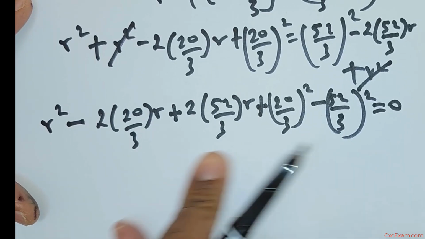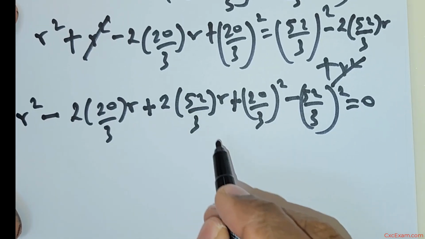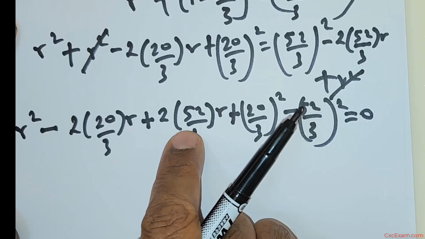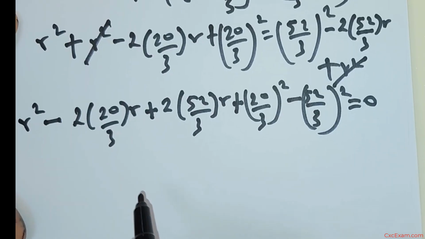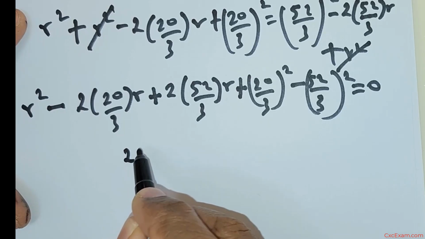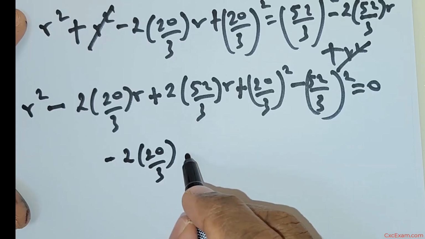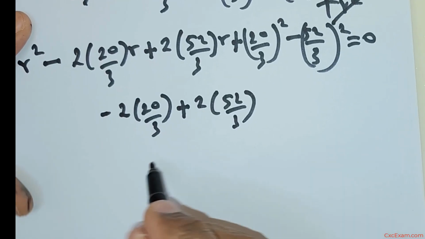So we will have to solve this. What I would do is start with the simplification of these two quantities. So you have negative 2 times 20 over 3, positive 2 times 52 over 3.